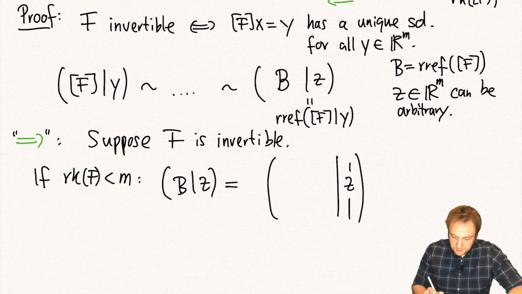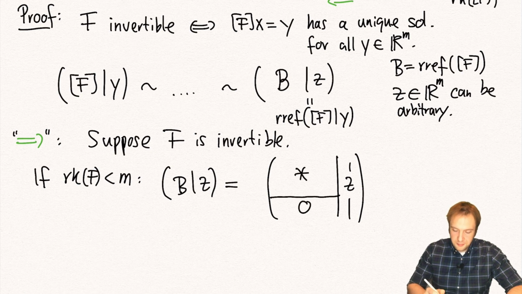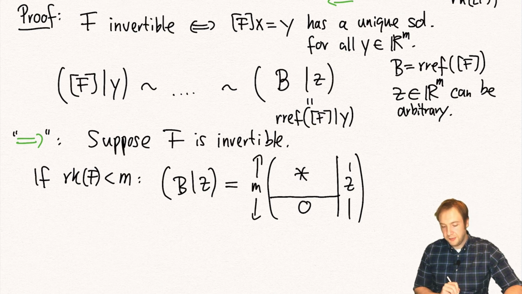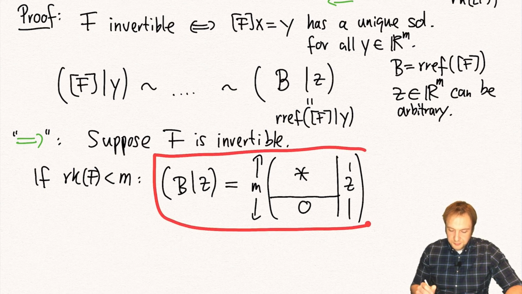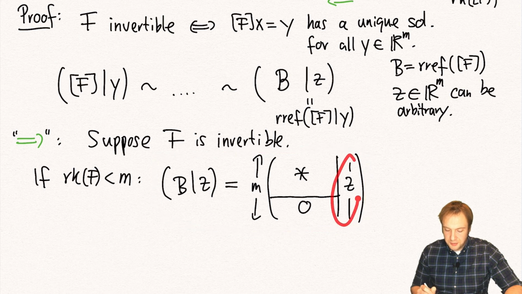So there will be some rows here which are 0, and then there's some rest here. And this whole thing has this size m. But if we have this, then we will see that for some z there will not be a solution, namely for those z where we have some nonzero entries here.